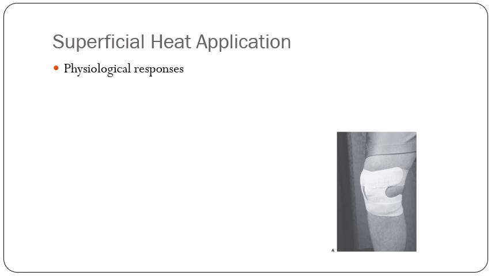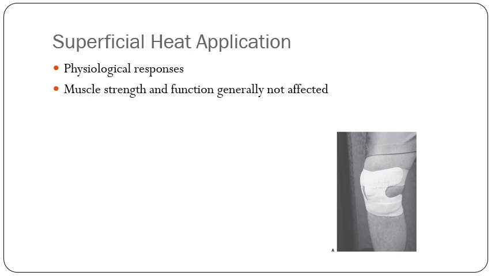However, you're probably not going to be applying it in those instances anyway. Increased circulation, which we already talked about. You will actually get increased inflammation with superficial heat, increased tissue elasticity, and decreased viscosity in the tissue. Obviously the decreased viscosity is going to have an impact on the elasticity of the tissue.